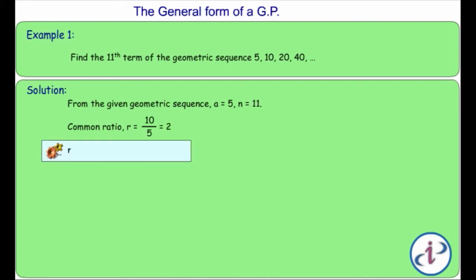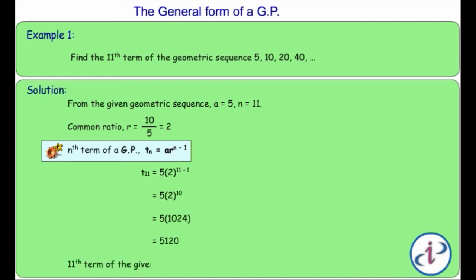We know that the nth term of a geometric progression is A times r to the power of n minus 1. Substituting the values of A, n and r, we get T11 is equal to 5120. Hence, the 11th term of the given geometric sequence is 5120.